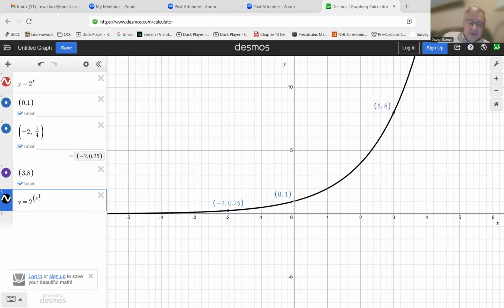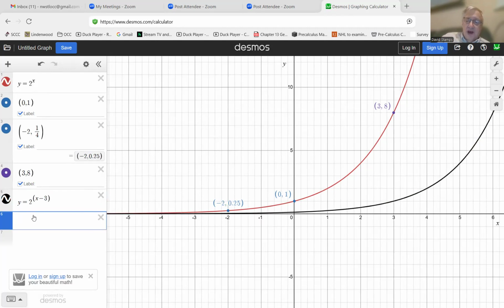So the exponent is x minus 3. So we're replacing x in the exponent with x minus 3. So, for example, the point 0, 1 now, the x value has moved to the right 3 units. So we should see the point 3, 1. There it is. 0, 1 has moved over here to 3, 1.